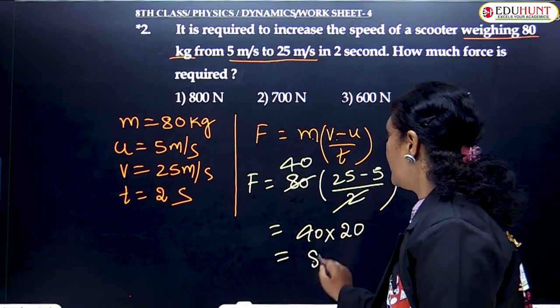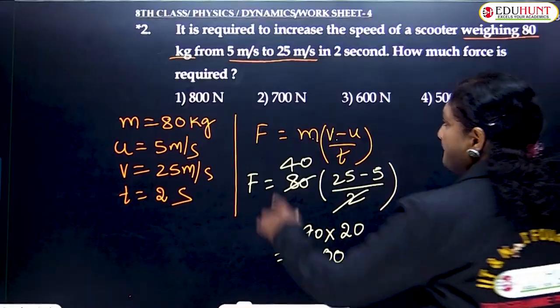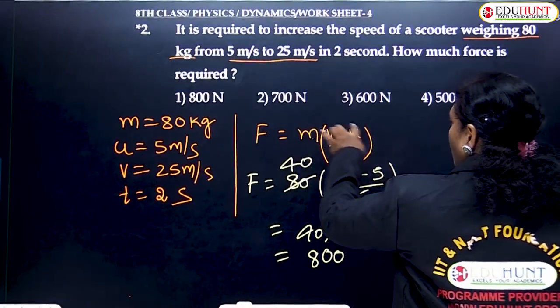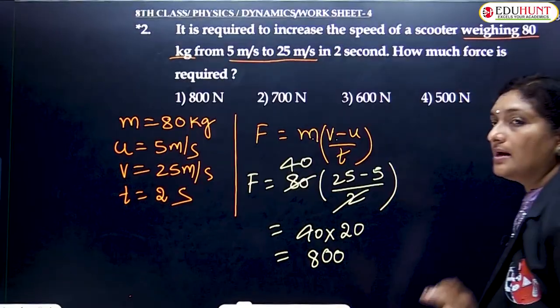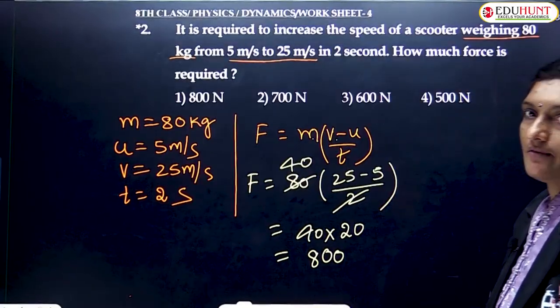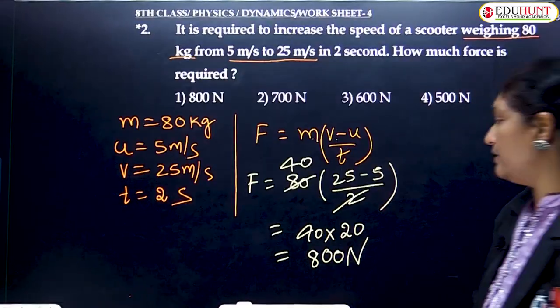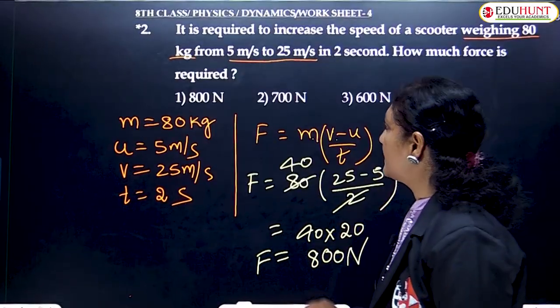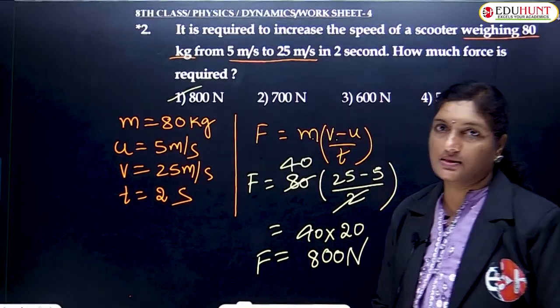So 40 into 20, how much? It is 800. Mass is measured in kg, velocity is measured in meter per second, upon second, so it can be written as kg meter per second square, or simply Newton. So 800 Newton means the first option is the correct one.